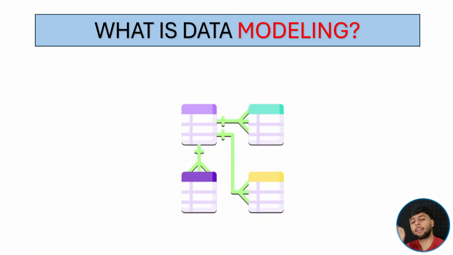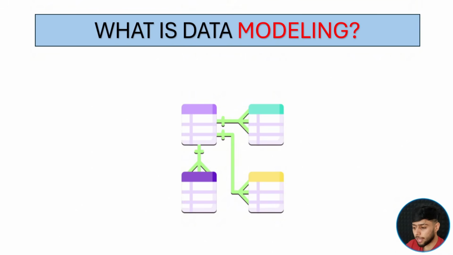What if we directly build a data warehouse without data modeling? The thing is, in order to efficiently store the data without any redundancy, in order to save storage cost, we have to build a data model. Make sense?